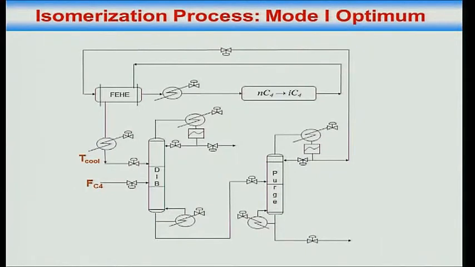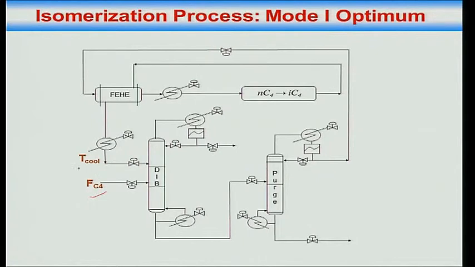Now mode 1 is given. So in mode 1, what do we have? The fresh feed rate to be processed, the processing rate, is given. Also, why do you have the cooler? Basically to condense the vapor, to liquefy the vapor, right?